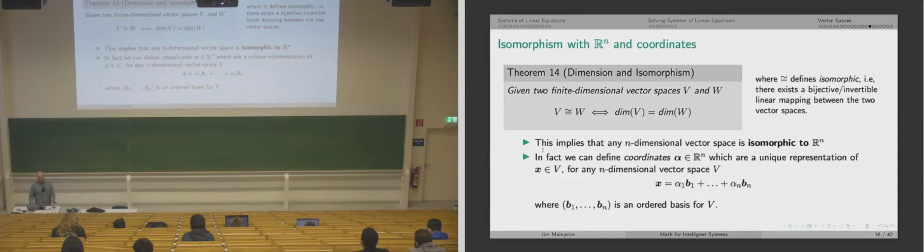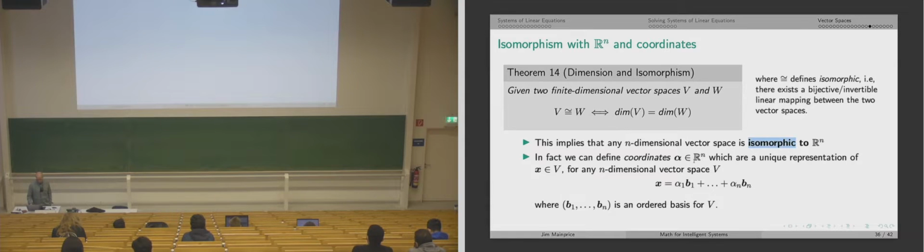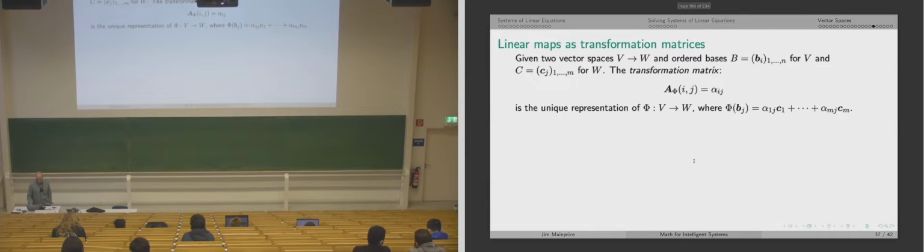So any n-dimensional vector space is isomorphic to Rn. And yeah, I think we saw this. Okay, so this is on the coordinate representation of a linear map.